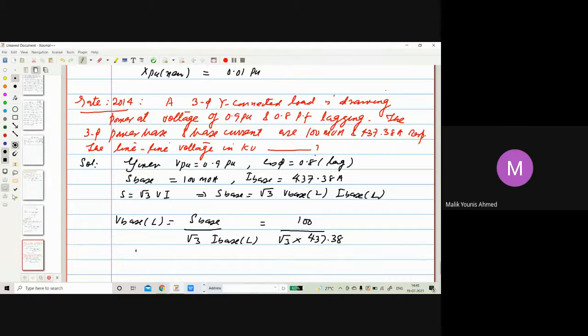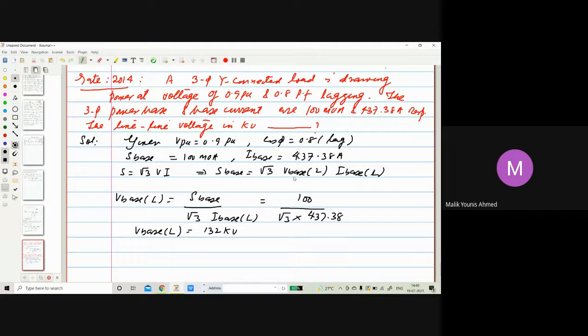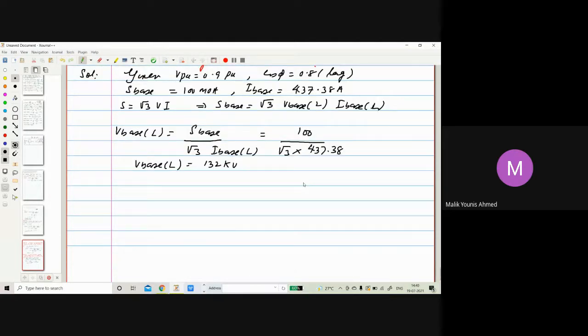So the base value comes out to be 132 kV.